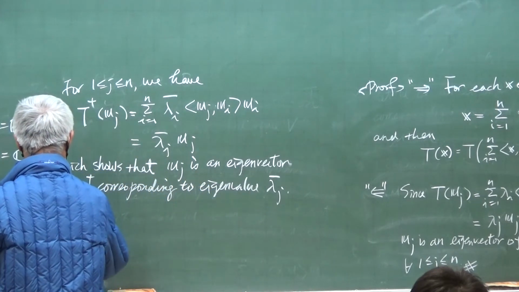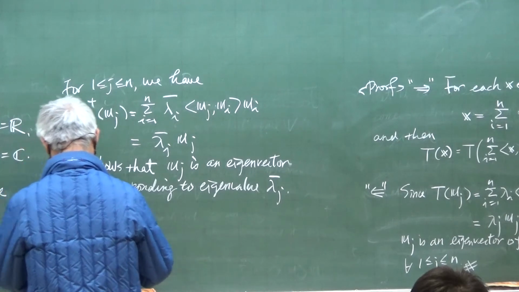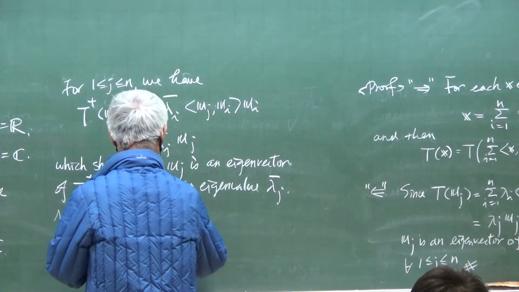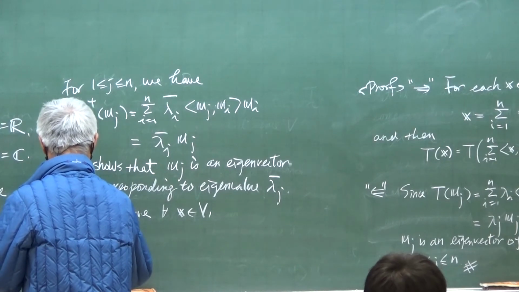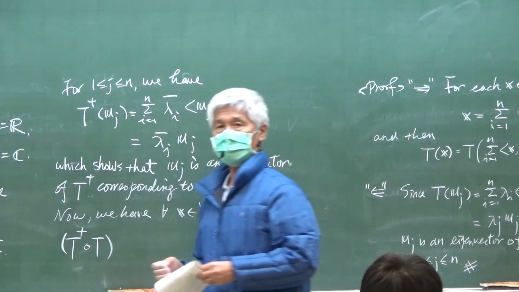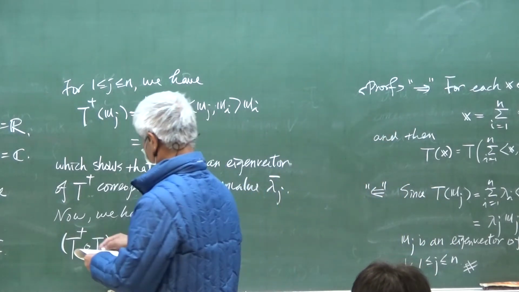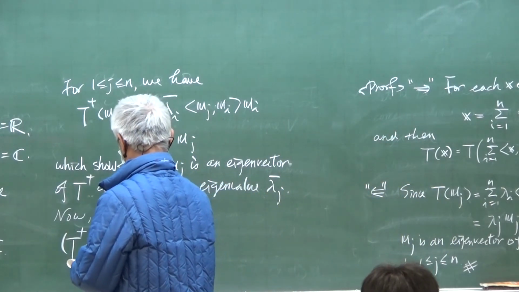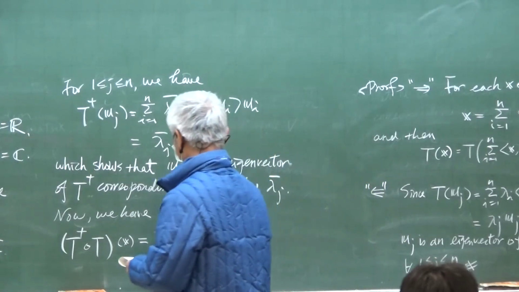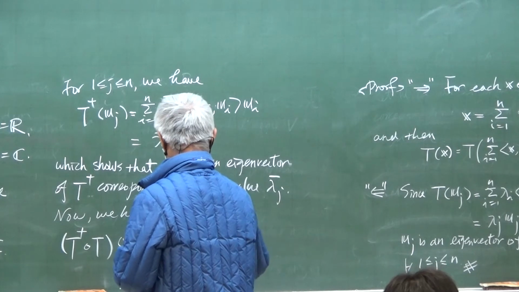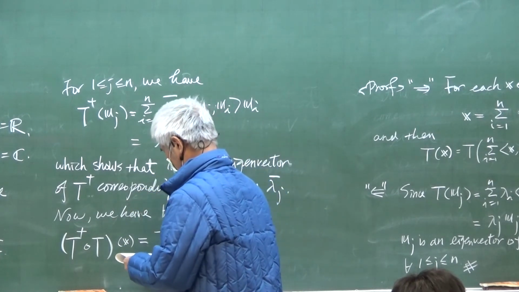So now, for all x in V, we look at the composition of T and T dagger. So this is T dagger, T x. Alright, so what is that?